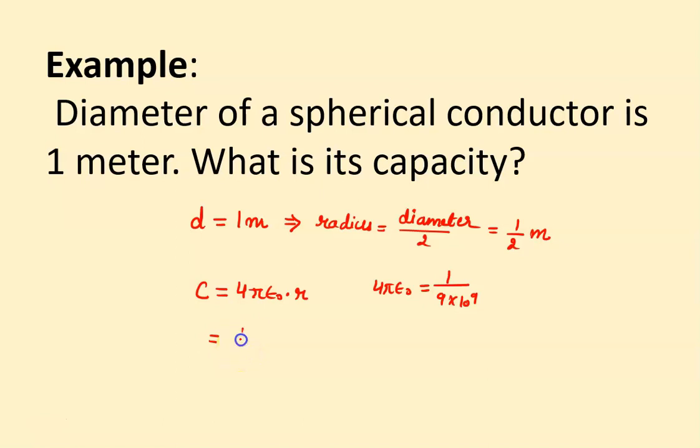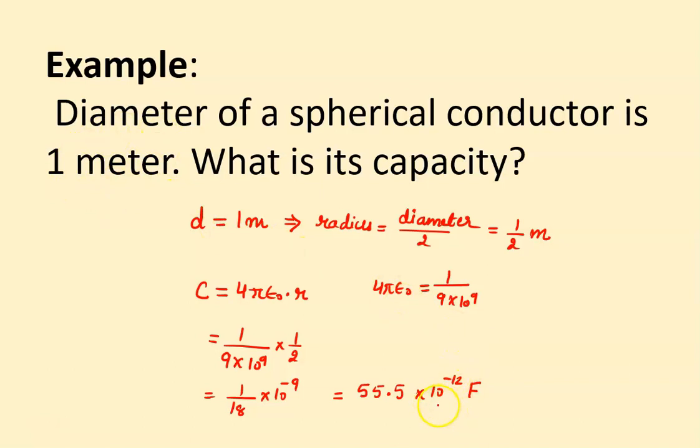So 1 upon 9 into 10 raised to power 9 into 1 by 2, that is equal to 1 upon 18 into 10 raised to power minus 9. So by solving this you will find out that 55.5 into 10 raised to power minus 12 farad is the capacity of a spherical conductor having the diameter 1 meter.